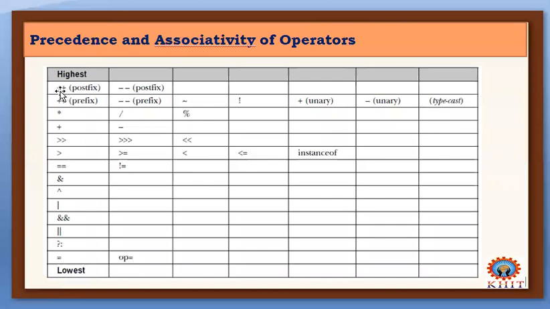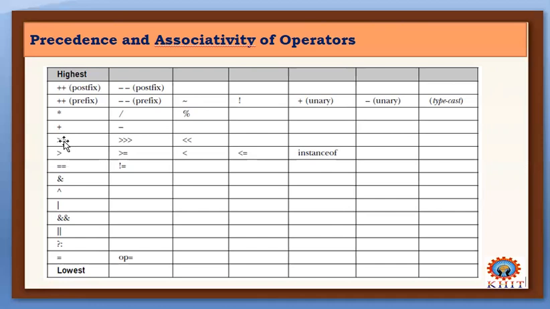The first operators that are executed are plus plus and minus minus, whether postfix or prefix. These are the operators which are going to be evaluated first. After that, multiplication, division, and getting the remainder. These are the three operators having the second priority. Then after that, plus and minus.